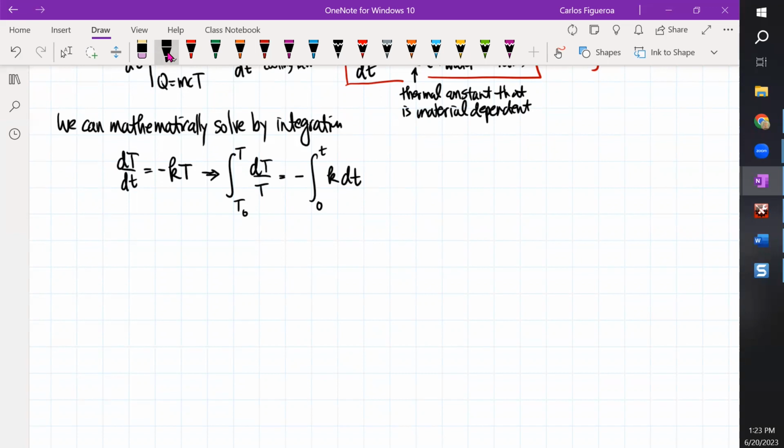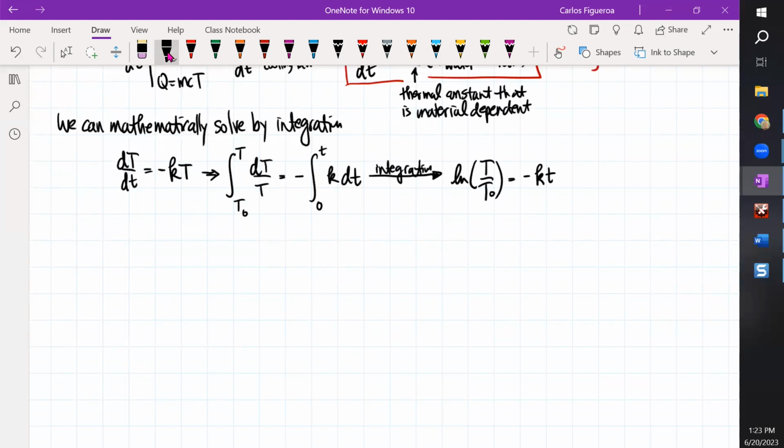Now, if I integrate this, the integration tells me that this is the natural log of T over T naught, and this will equal minus kt.